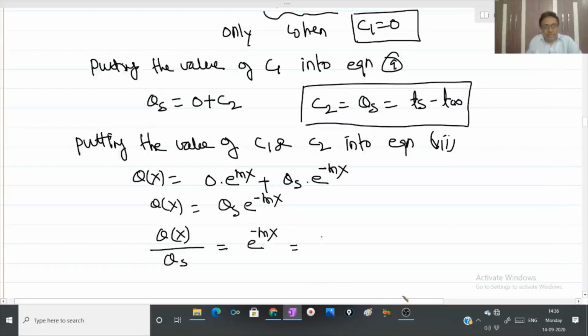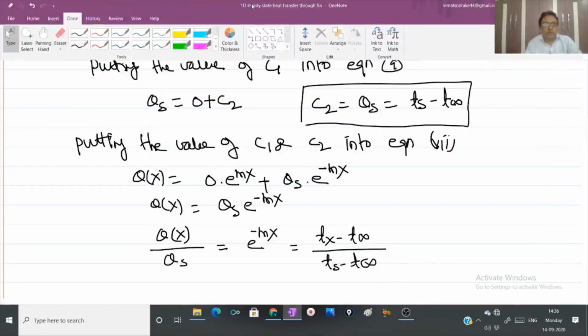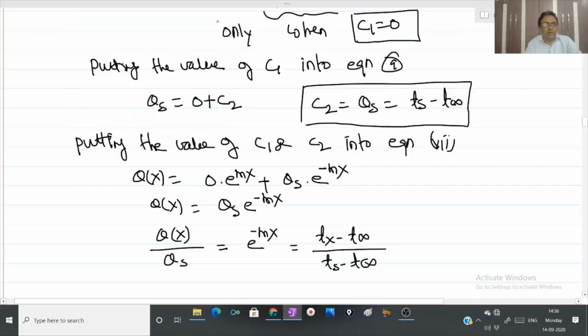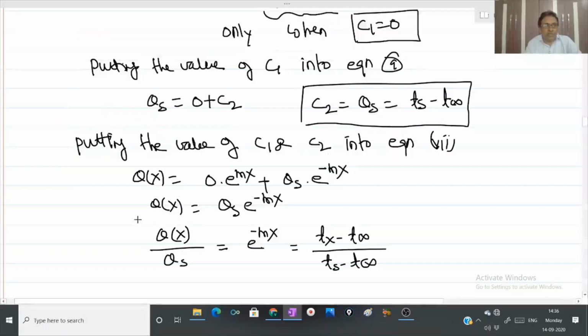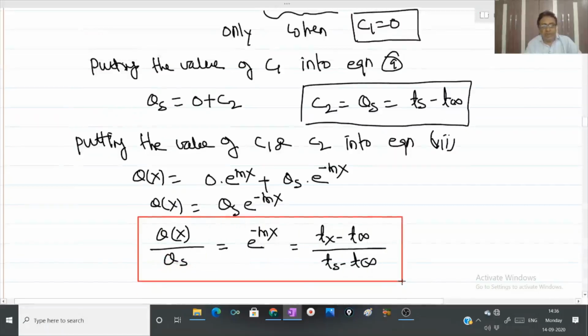Theta x is nothing but excess temperature Tx minus T infinity, and theta s is excess temperature for base temperature Ts minus T infinity. So this is the required temperature distribution for case 1, that is infinitely long fin.